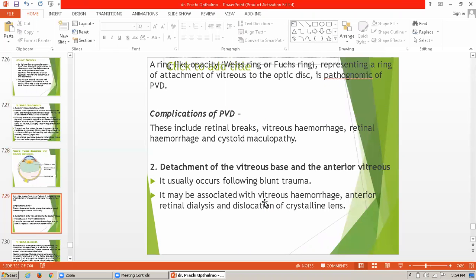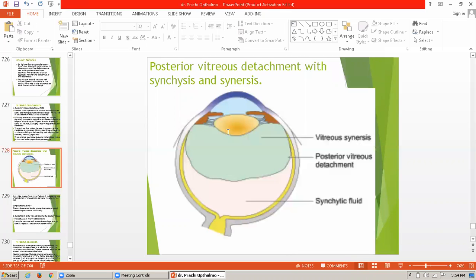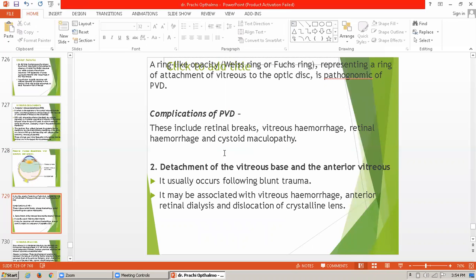A ring-like opacity, that is Weiss ring or Fuchs ring, representing a ring of attachment of the vitreous to the optic disc, is pathognomonic of PVD. Then the complications of PVD, that is posterior vitreous detachment, include retinal break, vitreous hemorrhage, retinal hemorrhage, and cystoid maculopathy.